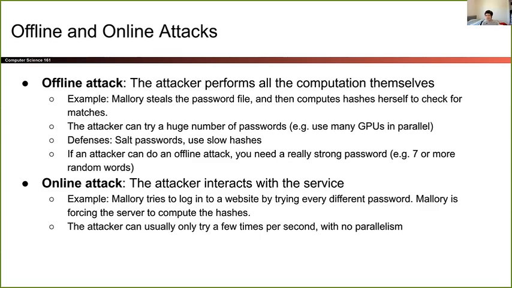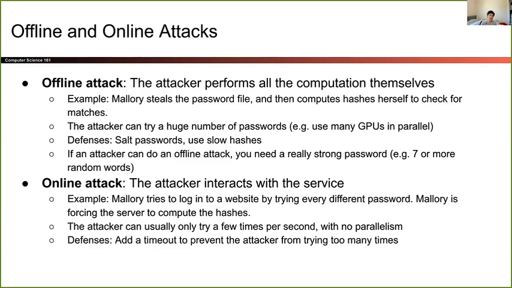In this case, the attacker really only has a couple of tries per second at best, with no parallelism, because you're just interacting with the server. And for this, what you want to do is add a timeout to prevent the attacker from trying too many times. So if you see this user tried to log in 10 times in a row, you just stop them from trying to log in, and now Mallory can only try 10 times before she's locked out forever.